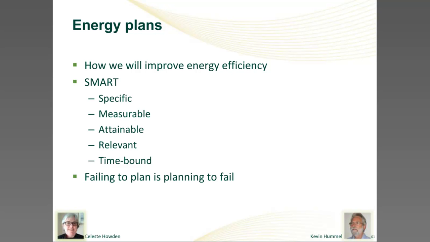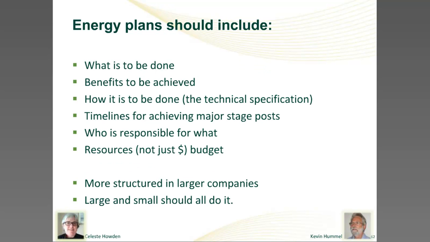It helps if we have a plan which talks about how we intend to implement our improvements, how we're going to prioritise them, how we're going to adjust our efforts for changing circumstances, and finally how we're going to measure and celebrate our achievements. There's an old project management saying, failing to plan is planning to fail. And we should think of that also in our energy improvement attempts.